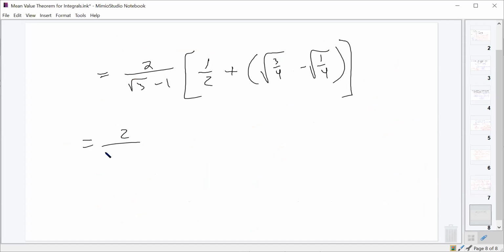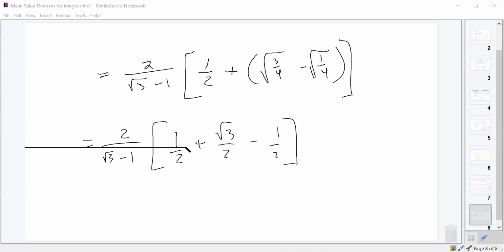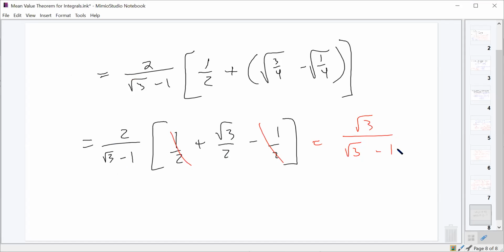And now we've got 2 over root 3 minus 1 times 1/2 plus root 3 over 2 minus 1/2. So we're going to have root 3 over 2 times this. The 1/2's already cancel, right? And so we've got 2 times root 3 over 2 times that, which means the 2's will cancel. Gives us root 3 over root 3 minus 1.